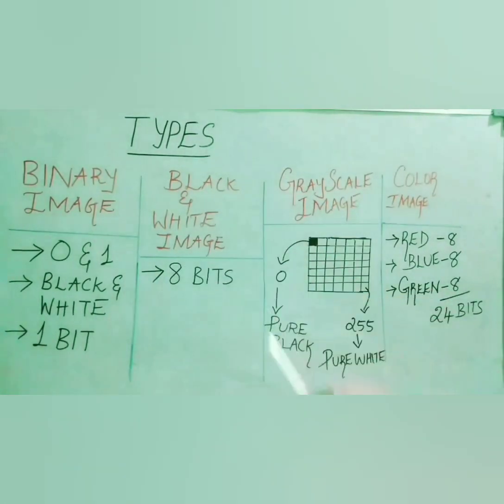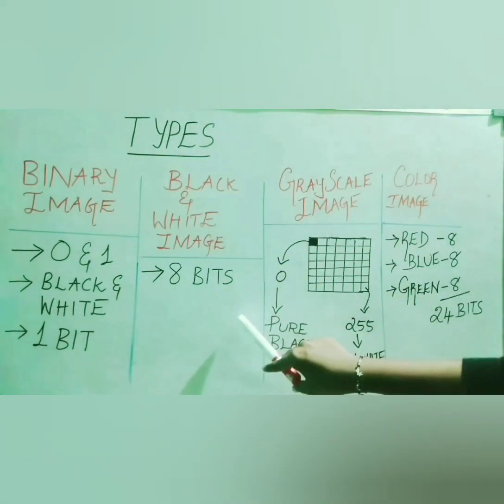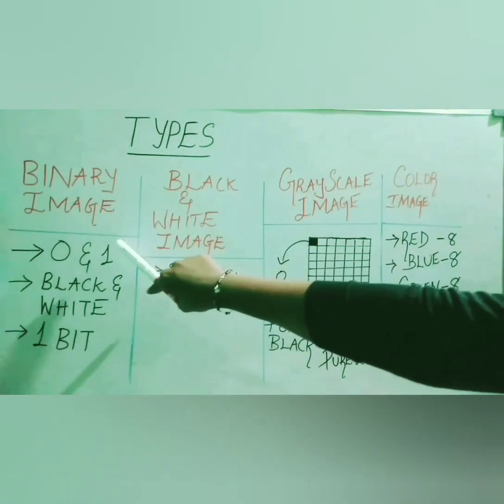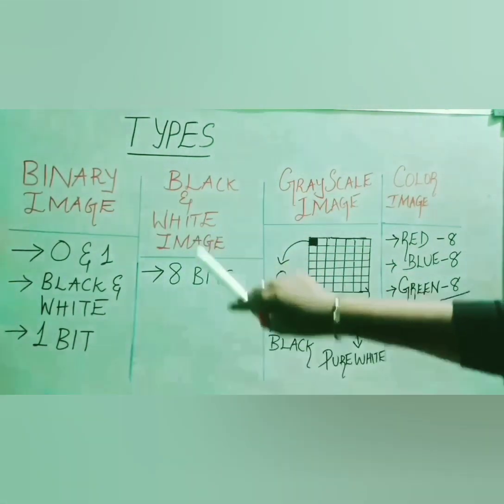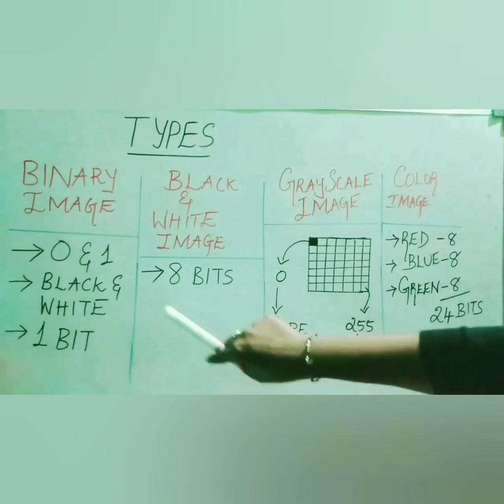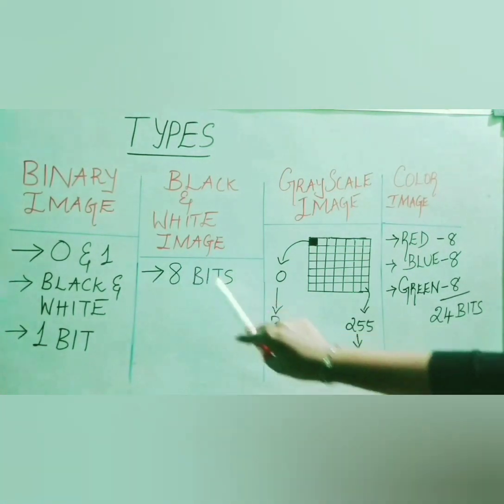All other features of black and white images are similar to those of a binary image. So like binary image, these black and white images will have black or white color in a pixel. They won't have both colors in the same pixel.